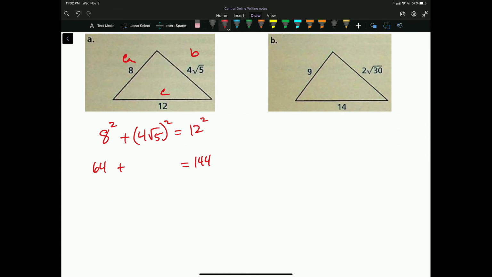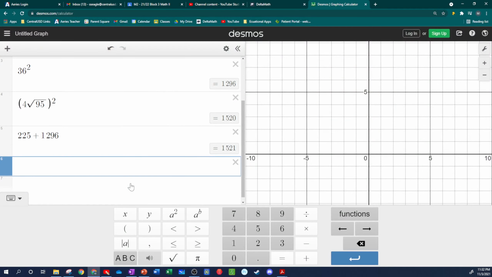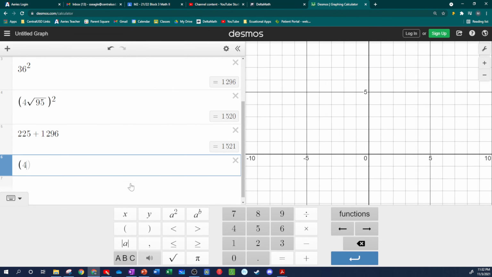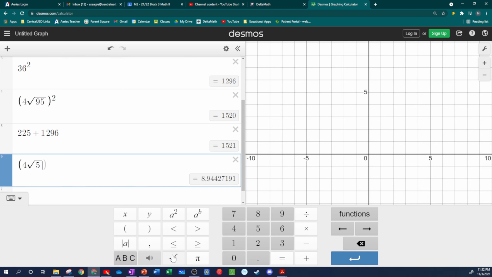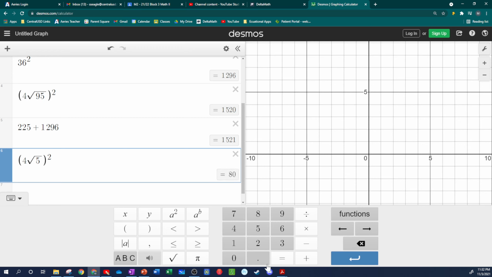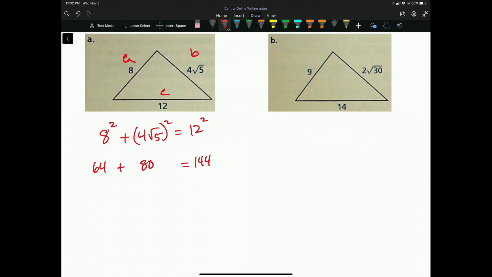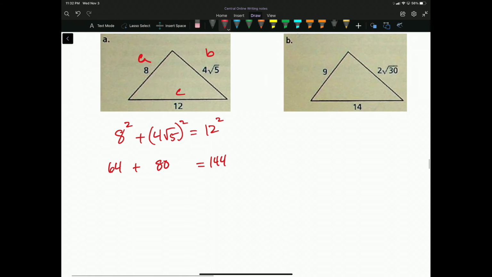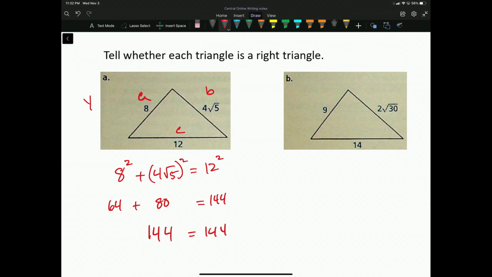And then let's do the last one. At Desmos, we have parentheses 4 times the square root of 5. That is going to be 80. So I'm going to write that down and move over. So we have 64 plus 80 equals 144. And I add those two numbers together. So 4 plus 0 is going to be 4. And 6 plus 8 is 14. So this is a yes, right triangle.